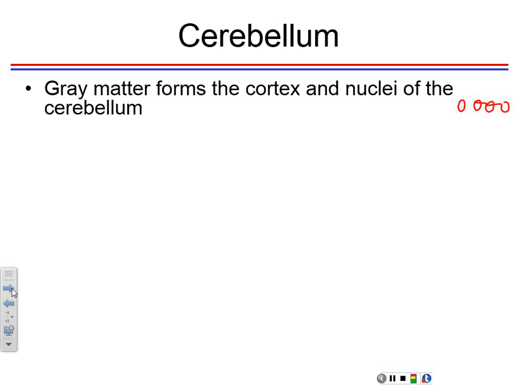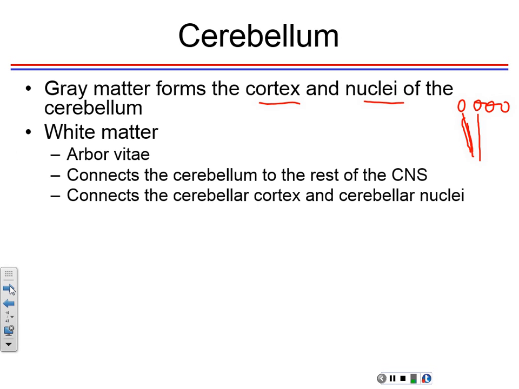So the cerebellum and the cerebrum both have a cortex, and that cortex will have all the neuron cell bodies, okay? And then the neuron cell bodies have axons, and those are the axons that are myelinated, forming the white matter on the inside. So that's what creates these two layers, okay? We'll talk about it again when we talk about the cerebrum. Okay, so that's what happens.